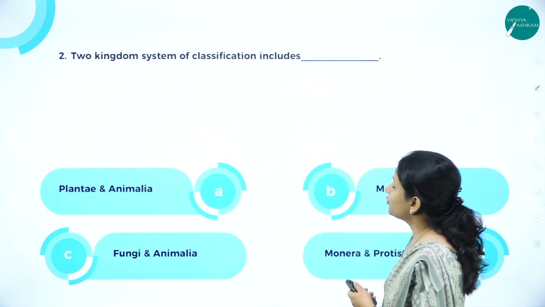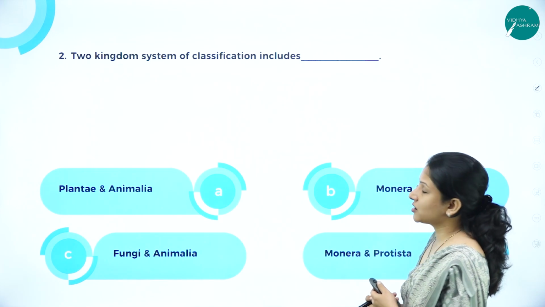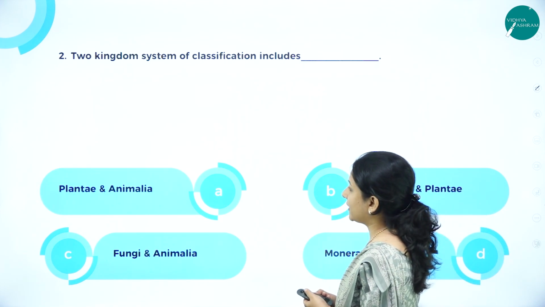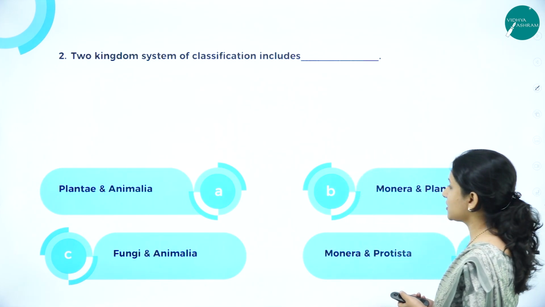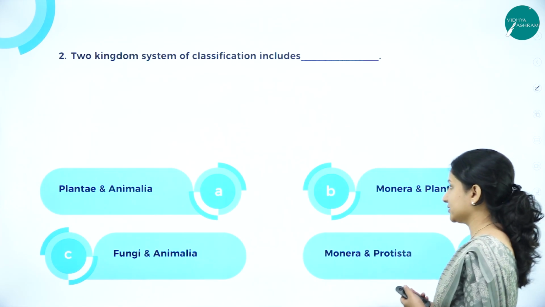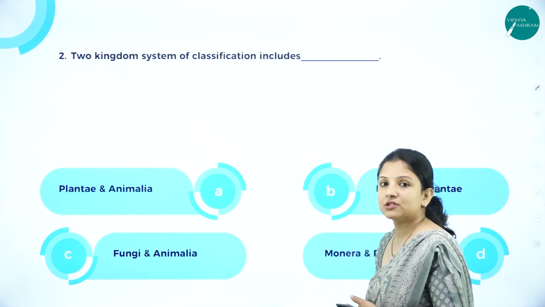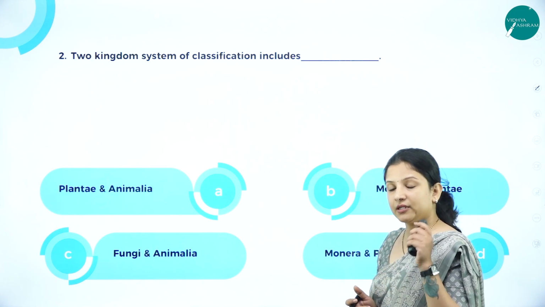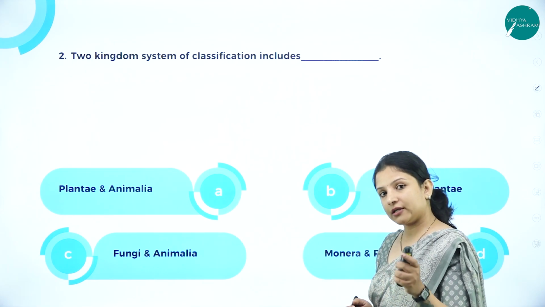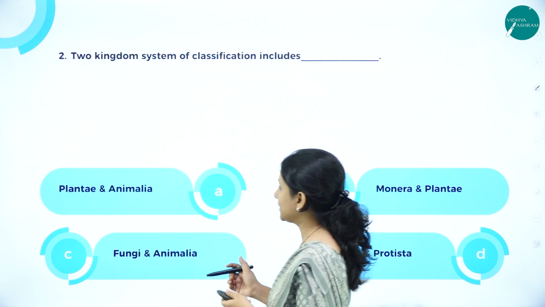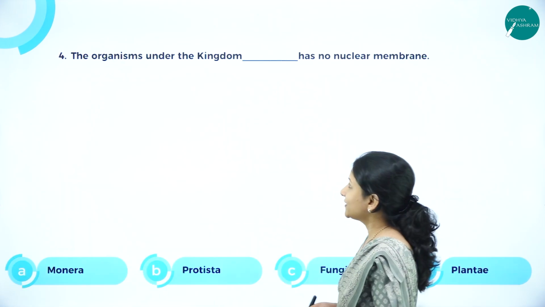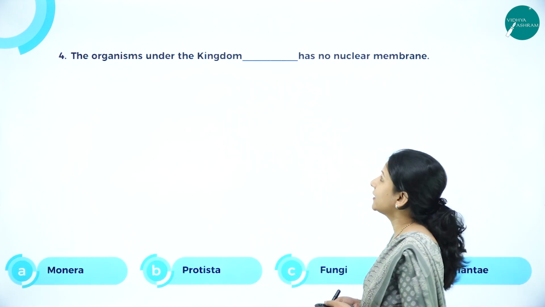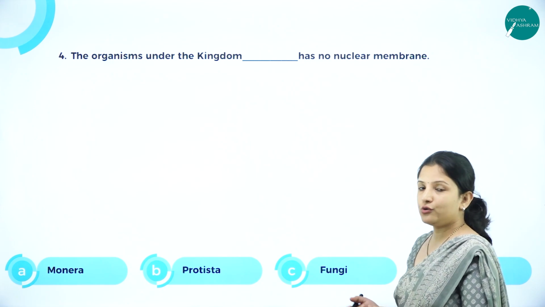Next, two kingdom system of classification includes what? Plantae and Animalia, Monera and Plantae, Fungi and Animalia, Monera and Protista. If you remember, the two kingdom system was given by Linnaeus and he classified the organisms into kingdom Plantae and kingdom Animalia.